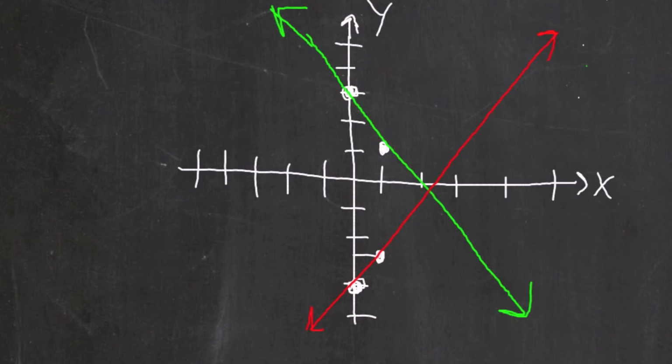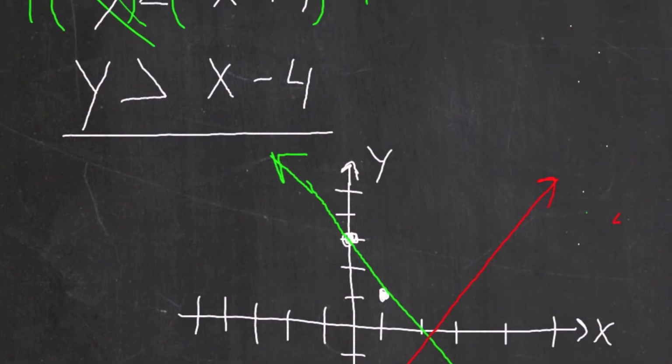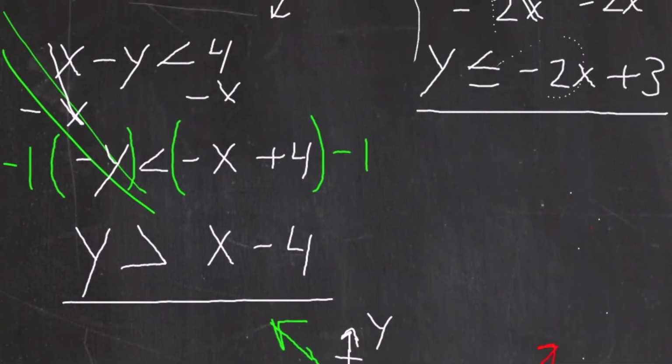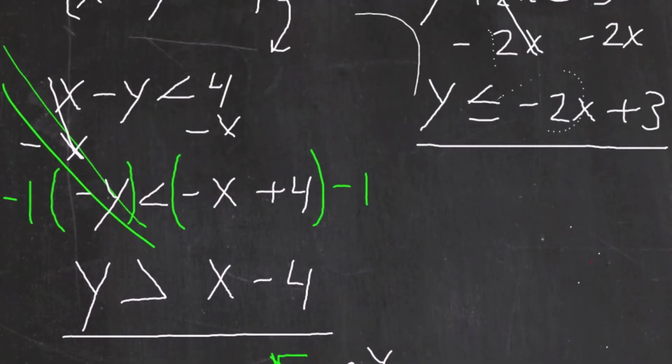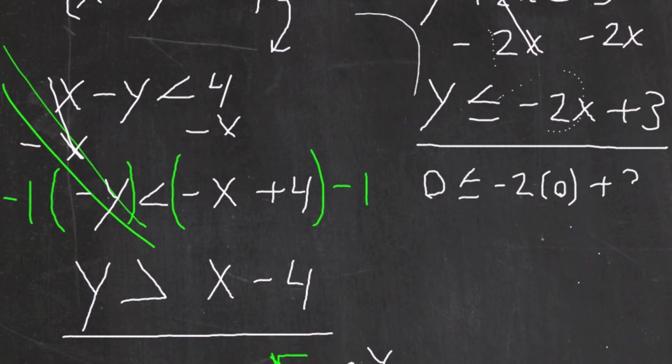So now we have to find out which side of each line is going to be shaded. We can do this by plugging in a test point. So here, let's plug in the point 0, 0 and find out if it is true. So we have 0 is less than or equal to -2 times 0 plus 3.